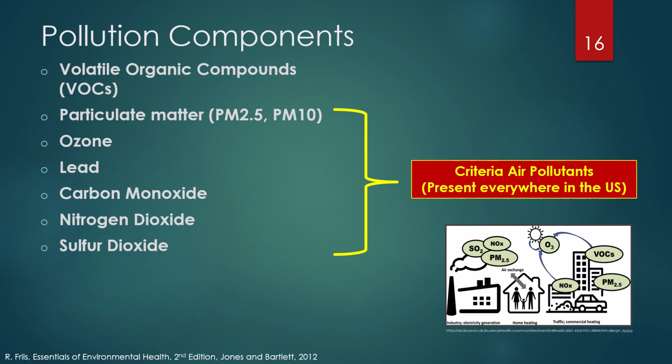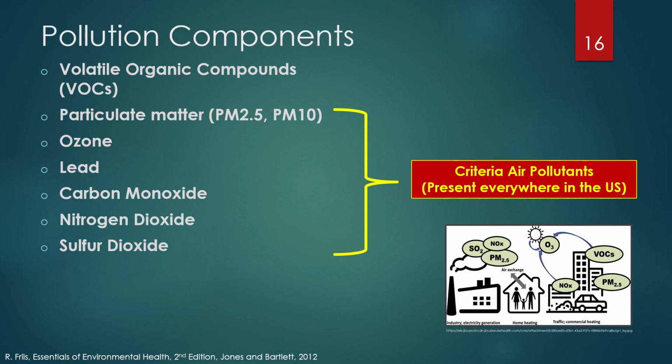Let's consider the 7 major components of air pollution in more detail. Volatile organic compounds, VOCs, particulate matter, PM2.5 and PM10, ozone, lead, carbon monoxide, nitrogen dioxide, and sulfur dioxide.